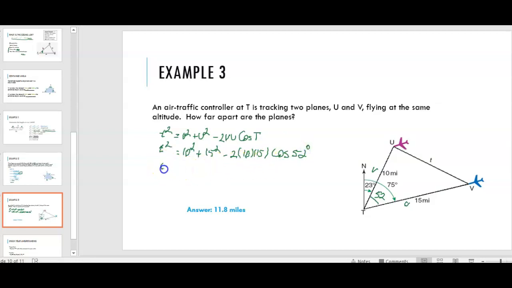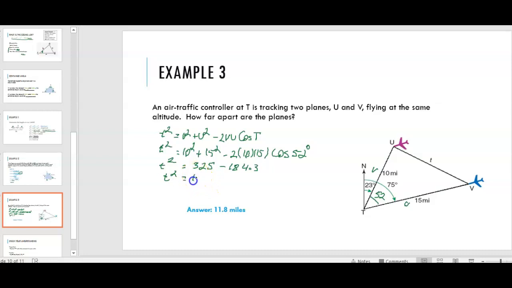Okay, and we said that we're going to do this separately here. So 10 squared plus 15 squared is 325. Then we put the rest in our calculator and round it. Let's round that to the first decimal point, 184.3.